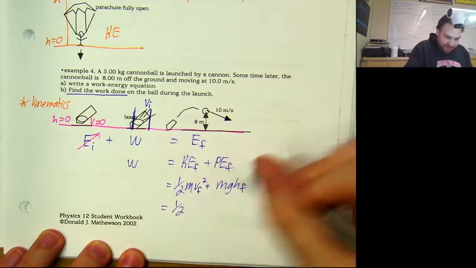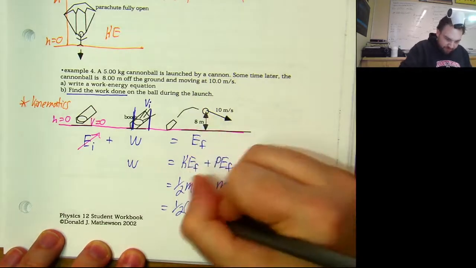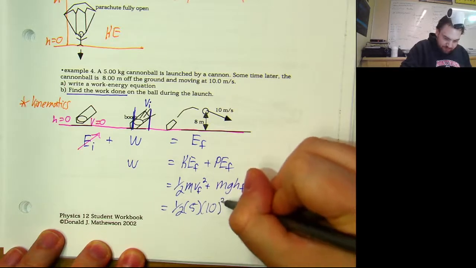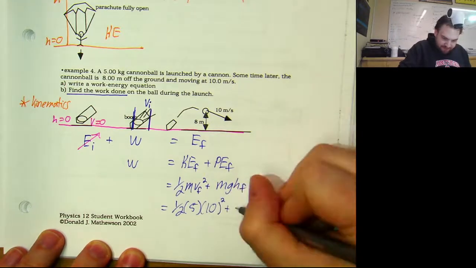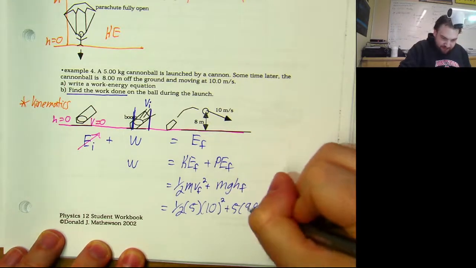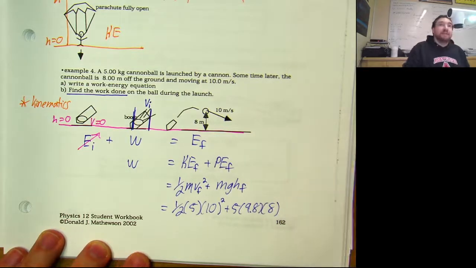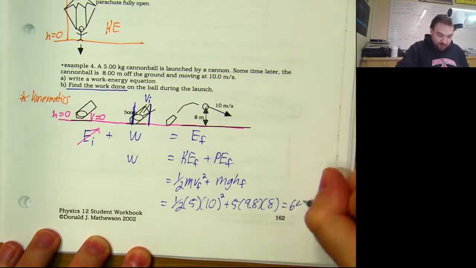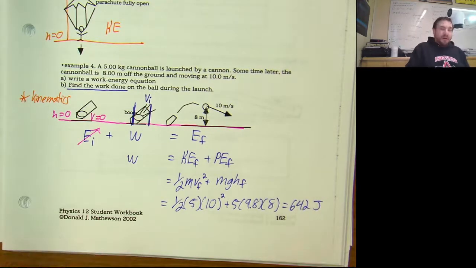It's going to be a half, the mass of my object is 5, vf is 10, plus 5 times 9.8 times 8. If you run that through, we're going to find that this thing has 642 joules of energy available to it.